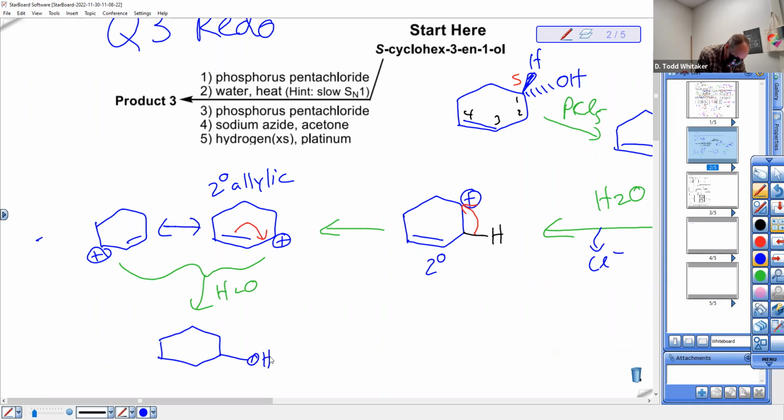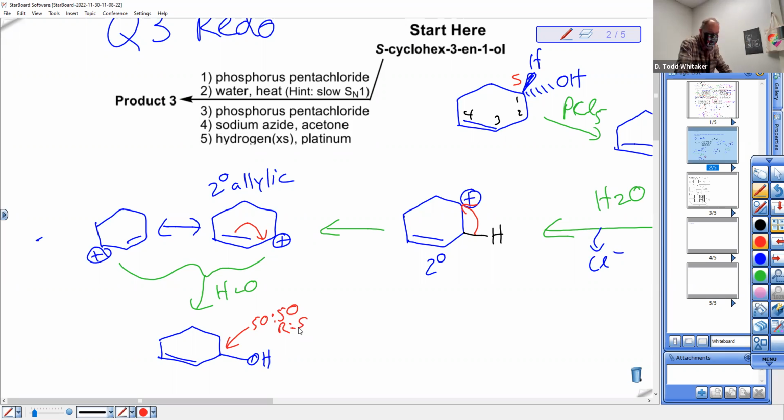And you get this, and it was an SN1 reaction, so talk to me about stereocenter. 50-50 RS. You'll notice I purposefully avoid using the word enantiomers in case there's a diastereomer issue.